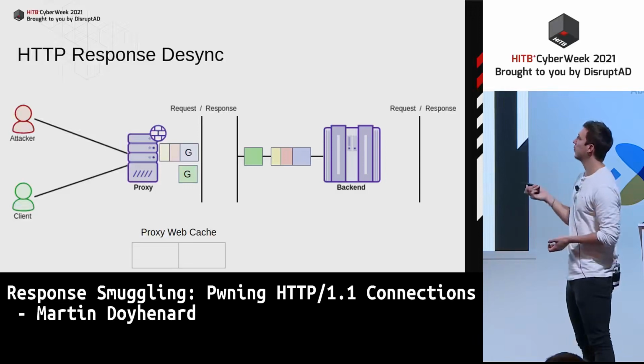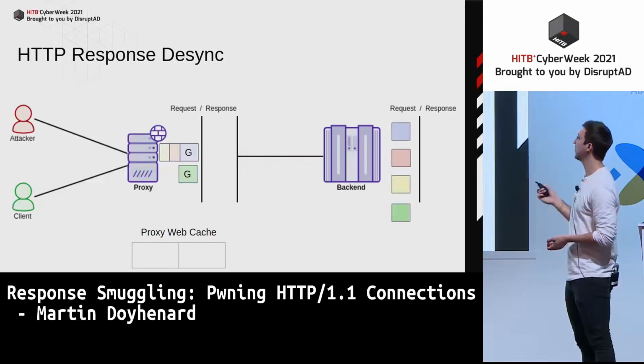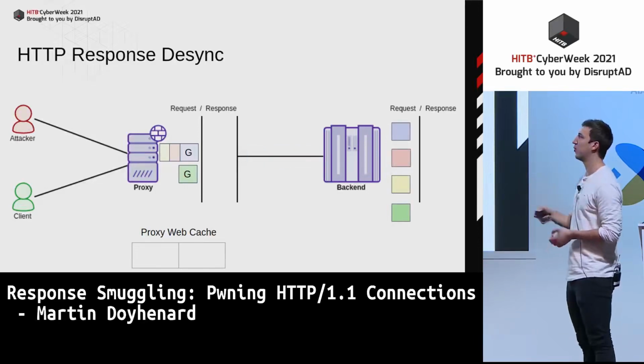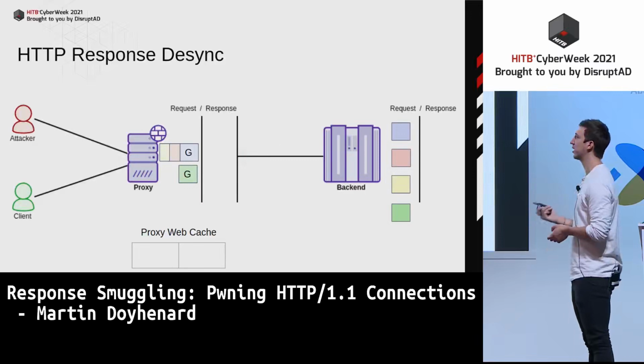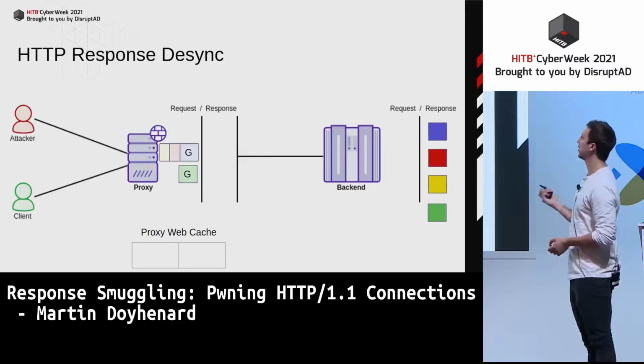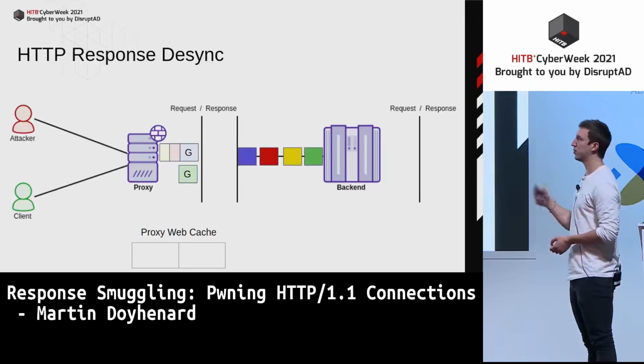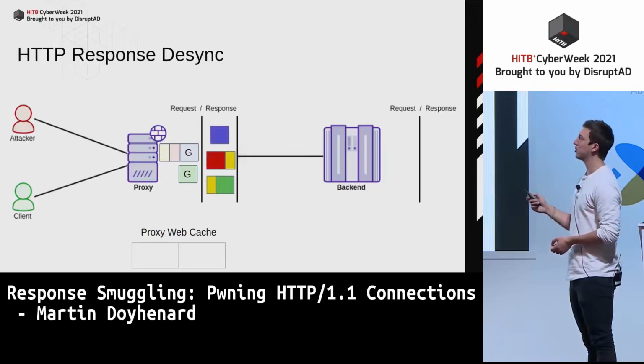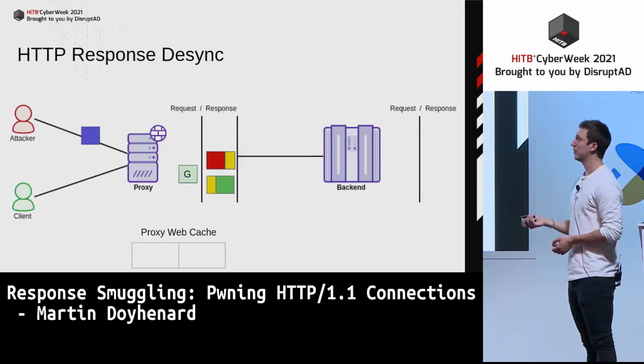So now the backend receives these two requests. It will split them into 4: the first 3 that were smuggled and the last one that will be used as the target. This will create 4 responses that will be sent back to the proxy.